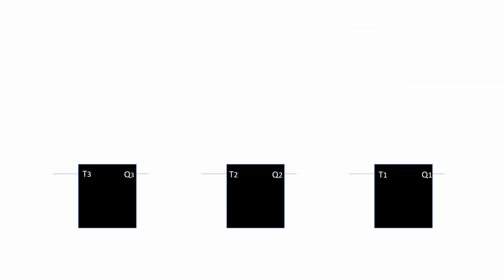Now we will write the minimized expressions for T3, T2 and T1 which we got in the previous slide. So T3 is equal to Q1 Q2, T2 is equal to Q1 and T1 is equal to 1. Now these are the three T flip-flops.